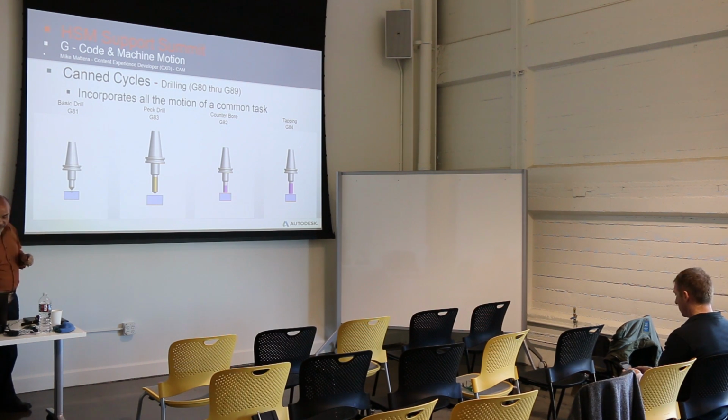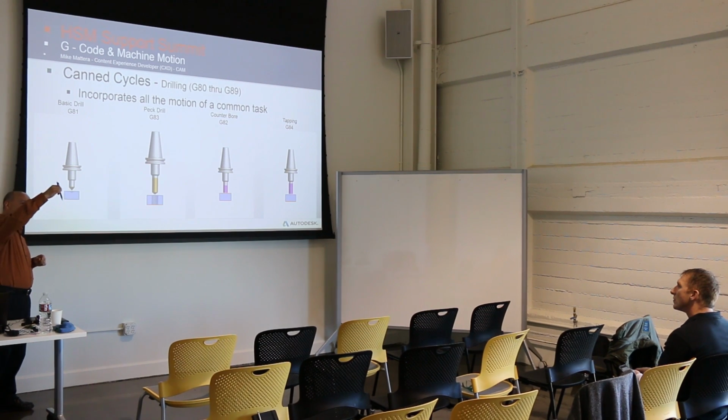Basic drilling. And then we have something called a peck drilling cycle, which will take multiple steps to get down to depth. This is also called a deep hole drilling cycle. Now imagine if you had to program that with all those G0 and G1 moves. So let's say I want to go 2 inches deep and I want to take an 1/8 inch per peck.